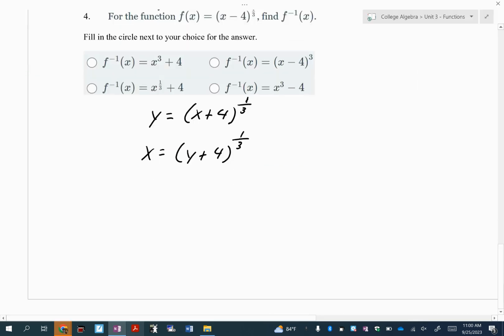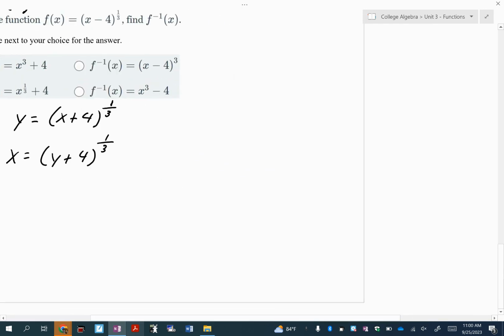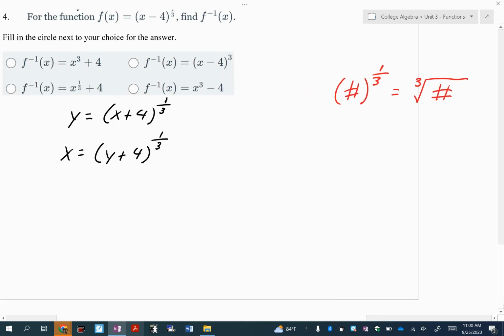So the way you want to think of it, this is what you guys would have done in algebra 2, right? If you had a number raised to the 1/3 power, that's the same as the cube root of that number. If you want to rewrite it like that, you can.